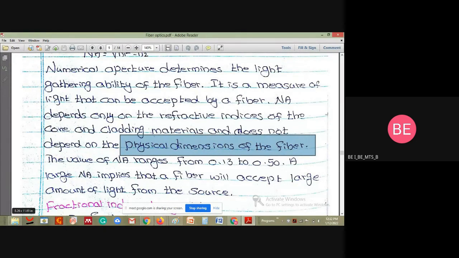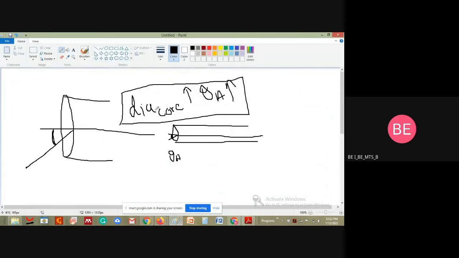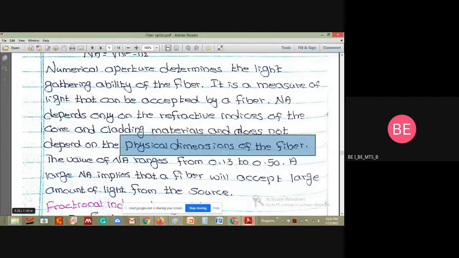Acceptance angle depends upon the diameter of the fiber; it is proportional to core diameter. If the diameter of the core increases, acceptance angle increases. But numerical aperture does not depend upon the physical dimensions. It depends only on the refractive indices of core and cladding.